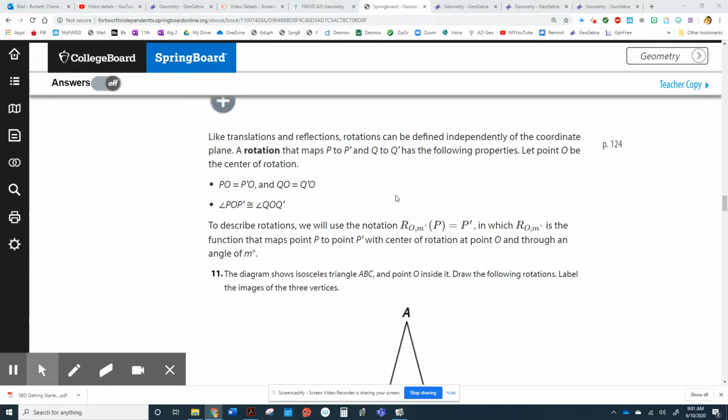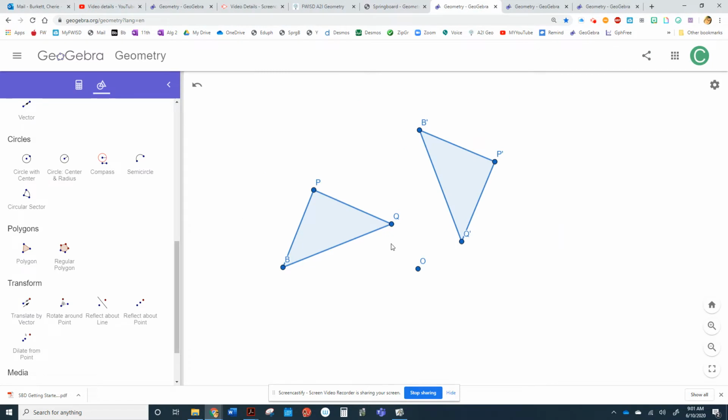So I'm going to jump over here and put pictures to this so that we can actually rotate it. Here's the pre-image, PQB, and this is a rotation that I've done.